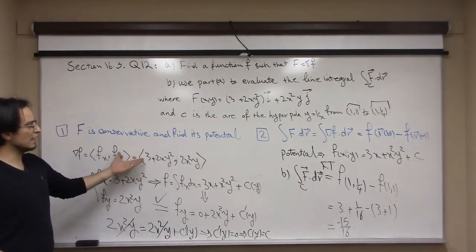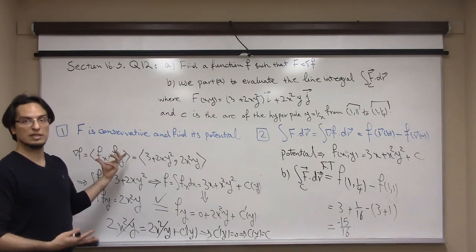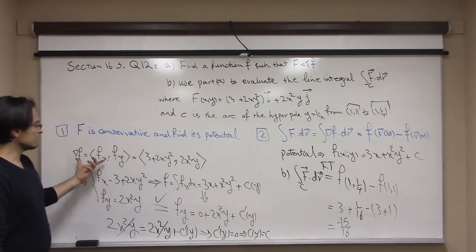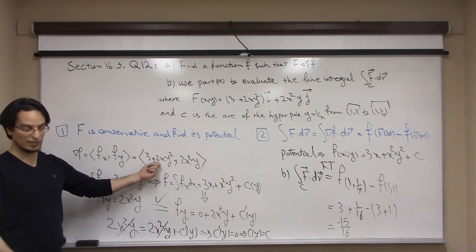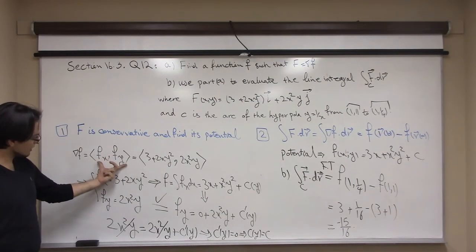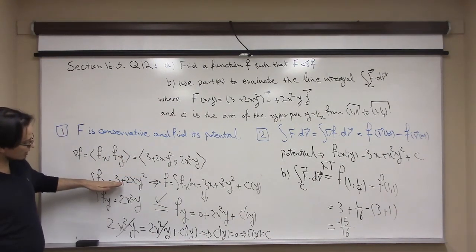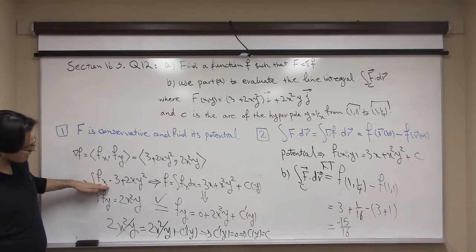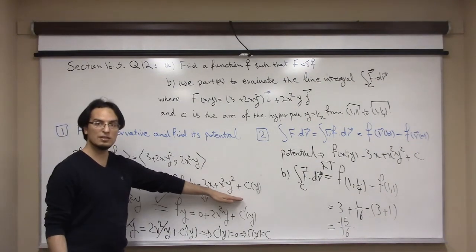Okay, very quick wrap up. Part A says find a function whose gradient is equal to that vector field. That means find a potential for the vector field, a function whose gradient is equal to it. So I set them equal to each other. I started from fx, and if I integrate with respect to x, I get this kind of function.